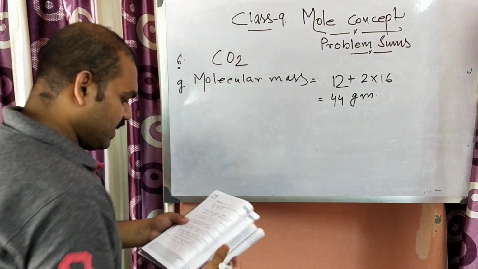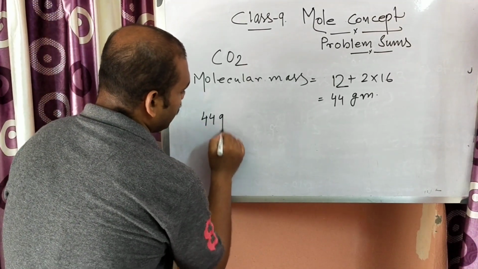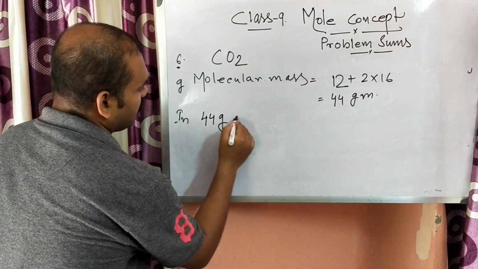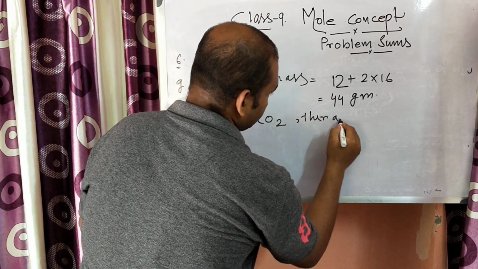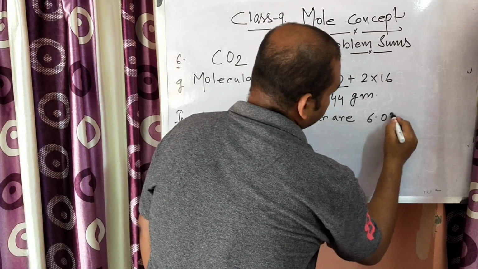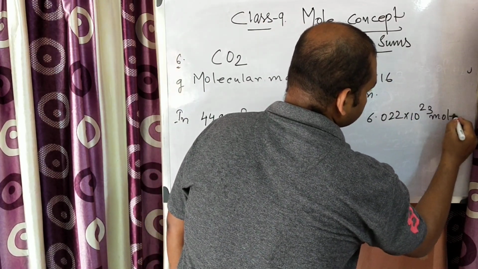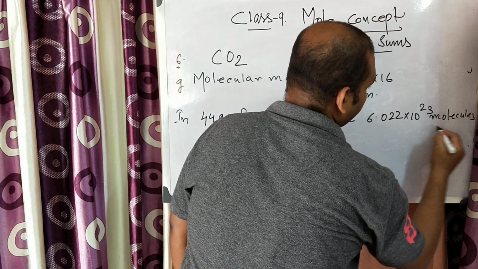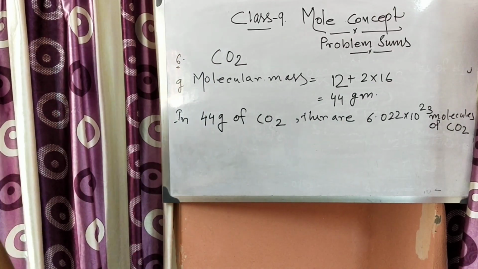So in 44 gram of CO2 there are 6.022 into 10 to the power 23 molecules of CO2.